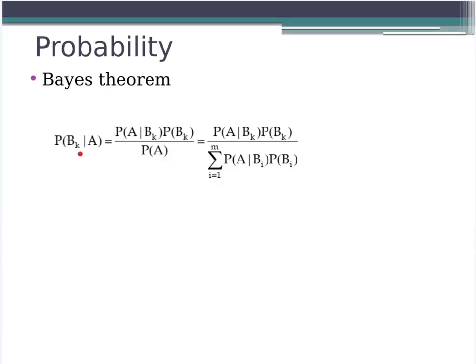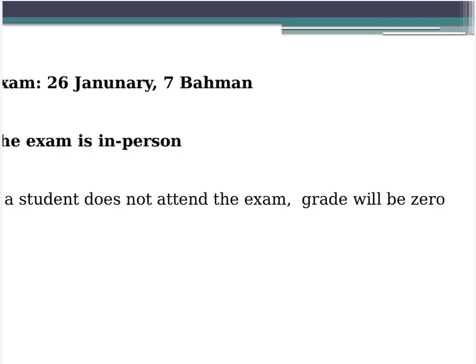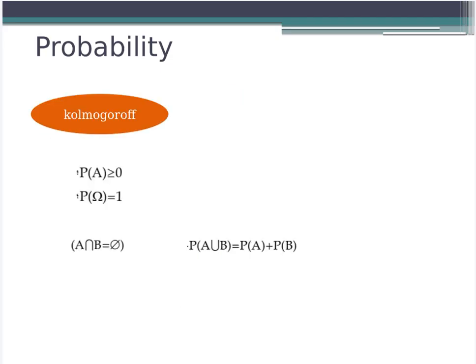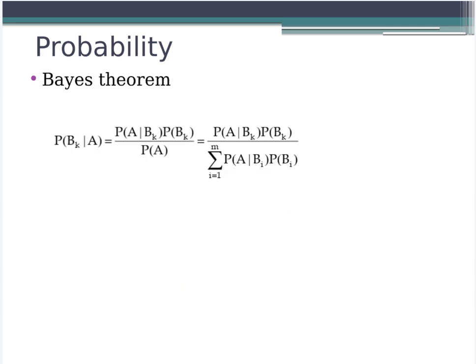We said that we use Bayes' theorem when we talk about the random experiment, sample space, the definition of event. Then we talk about the conditions that probability should satisfy. Then we talk about conditional probability.